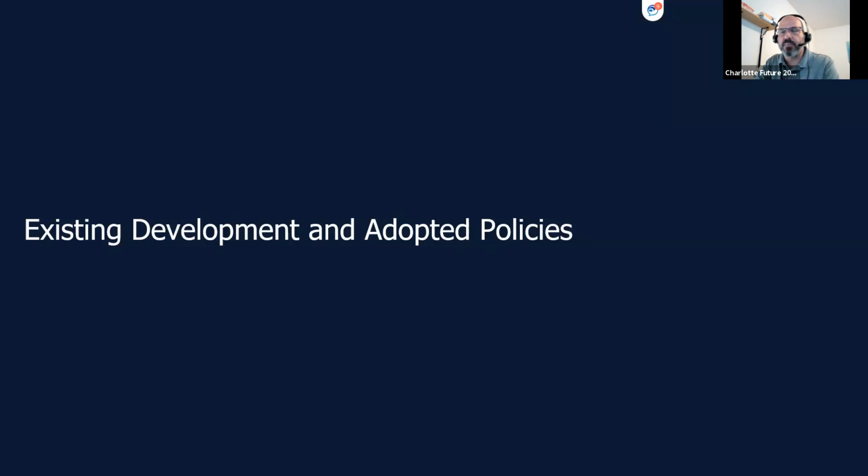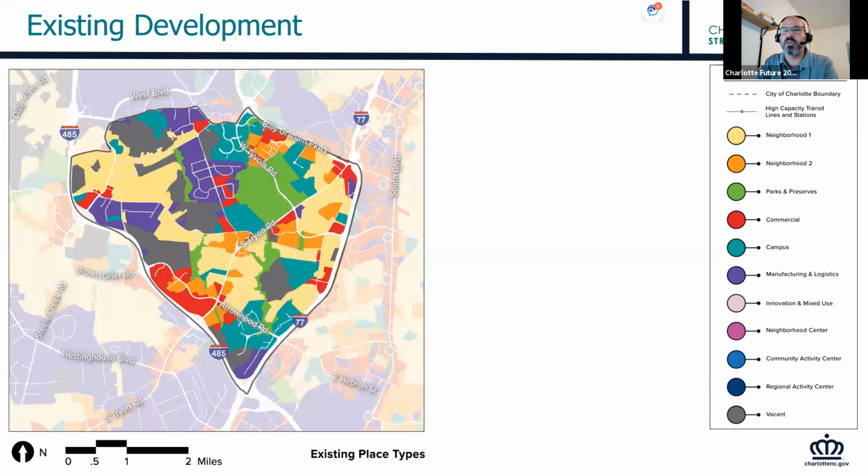So as mentioned, the mapping approach began by translating what's on the ground today and what future place types would look like without the comprehensive plan. So the first step in developing the draft 2040 policy map was to translate what's on the ground today into the place types tool.